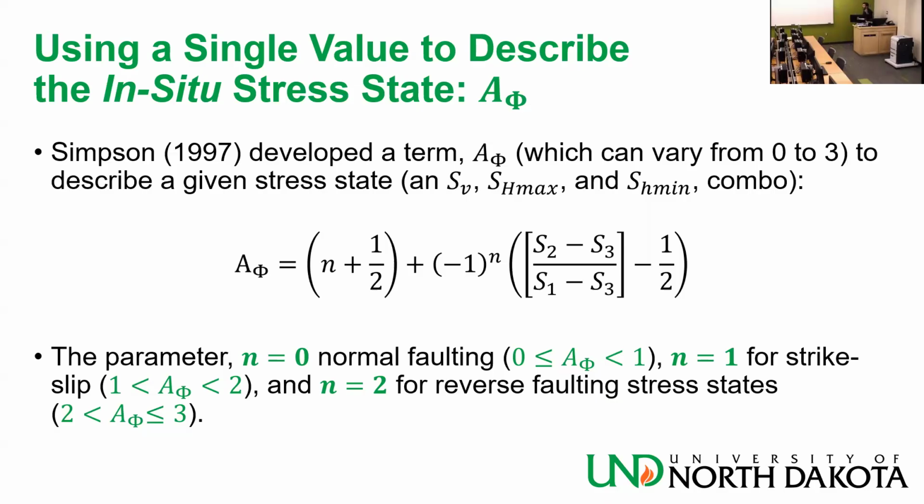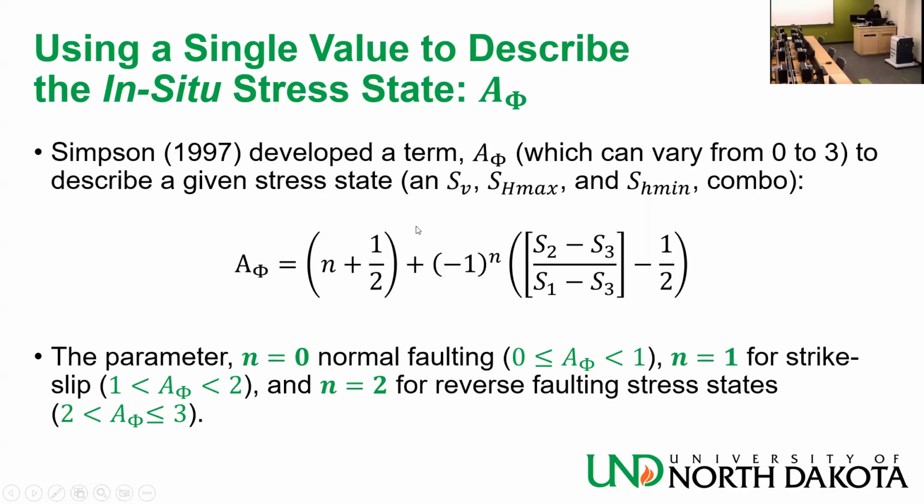So for instance, if I tell you Williston Basin has A phi equal to, I think, 0.98, you're going to say it's normal faulting because it's from 0 to 1, but it's very close to strike slip because it's close to 1, which is between normal faulting and strike slip. So this is how I give you one value, and automatically you understand what I'm trying to say. Beautiful.